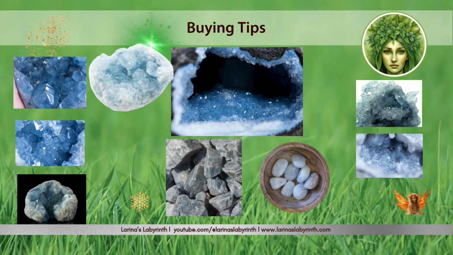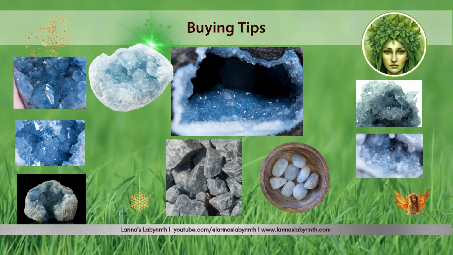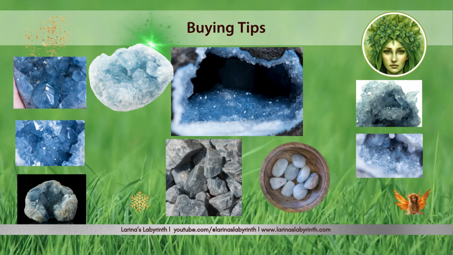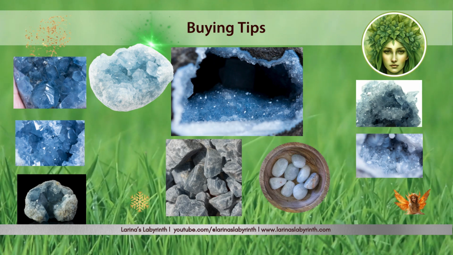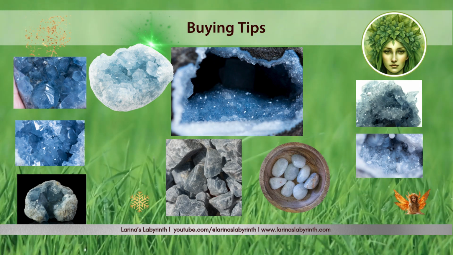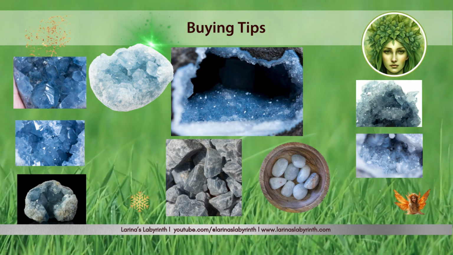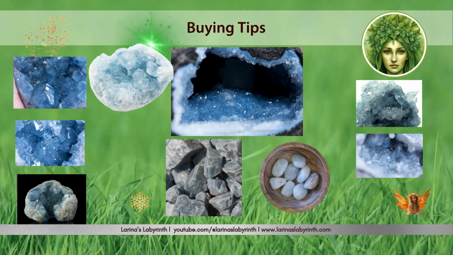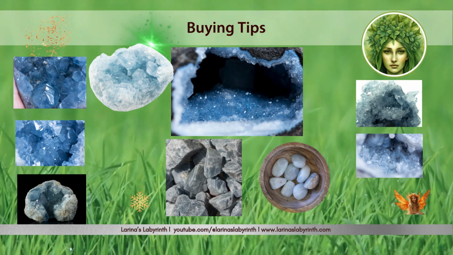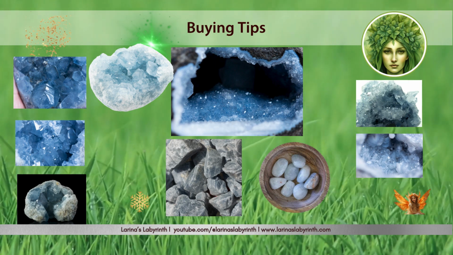The only other thing that I want to mention on this particular slide, before I move on to the next one, is that I wish that my old supplier was still alive, because then I would ask him about this geode at the top with the grey on the outside.